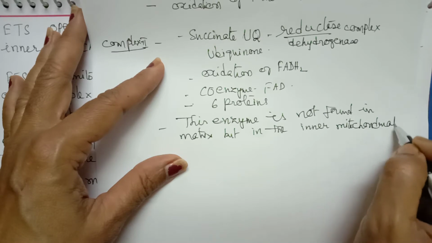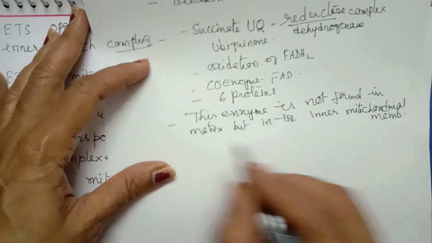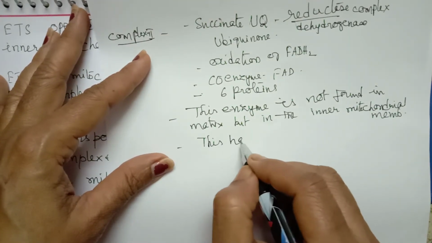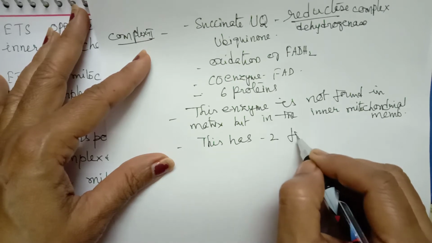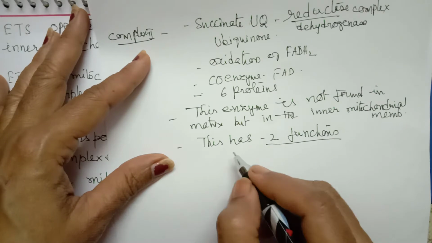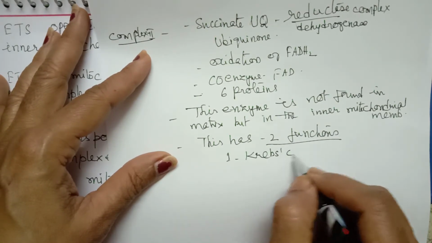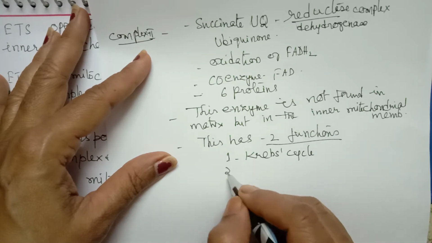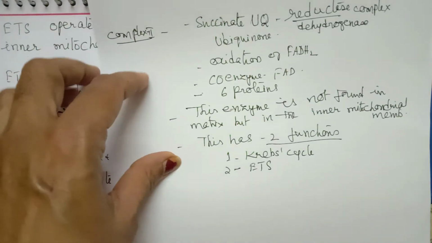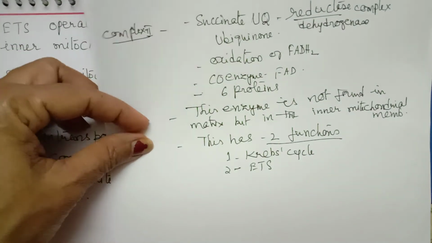And this enzyme has two functions, dual functions. What are those two functions? First function, it is involved in Krebs cycle. Second function, it is also involved in electron transport system. So this particular enzyme has two functions.